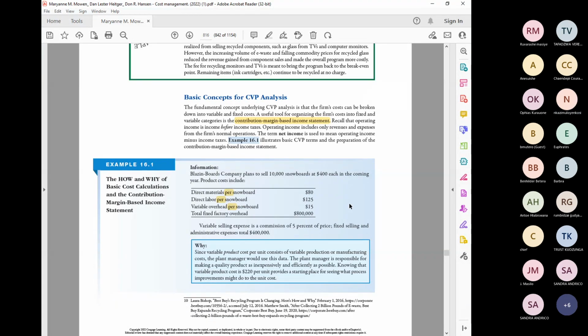Why? Since variable product cost per unit consists of variable production or manufacturing costs, the plant manager would use this data. The plant manager is responsible for making a quality product as inexpensively and efficiently as possible. Knowing that variable product cost is $220 per unit provides a starting place for seeing what process improvements might do to the unit cost.